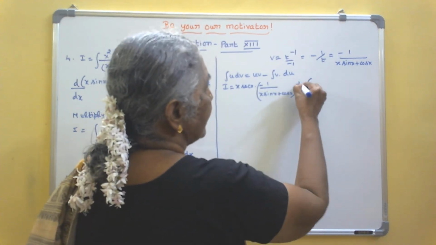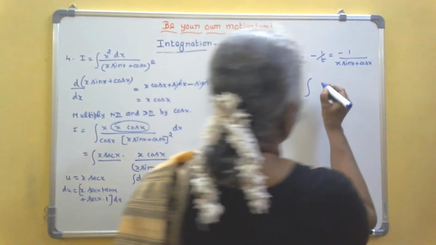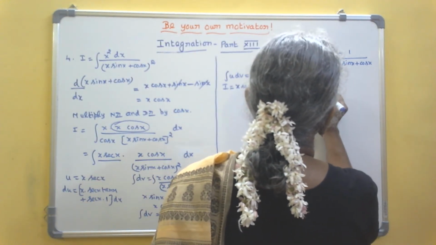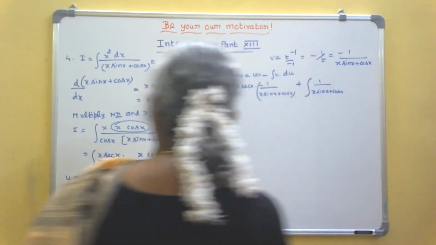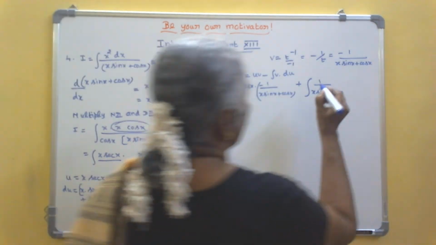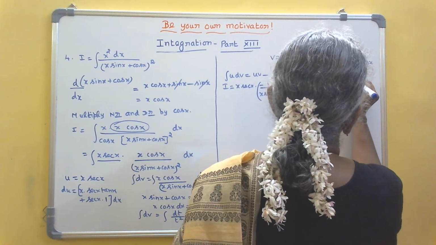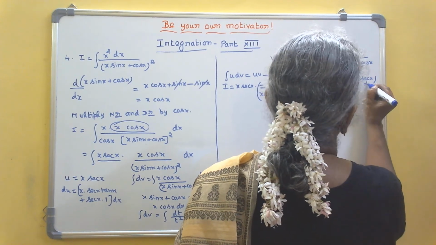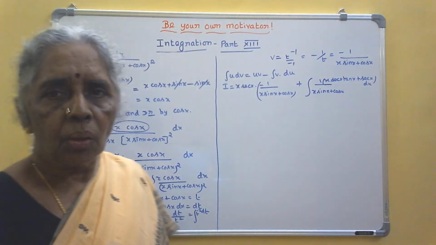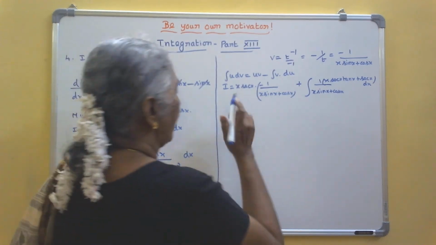Here is one minus, so let us change this minus into plus, right? So v is 1 by (x sin x plus cos x). What is du? Du is (x secant x tan x plus secant x) dx. Okay, so we have to actually simplify that part. So this is one part of the answer.